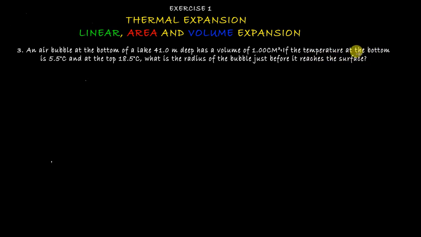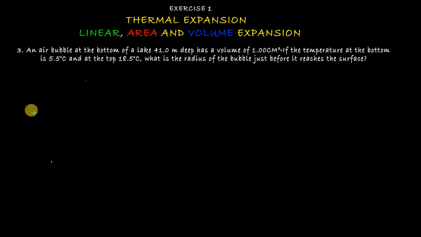If the temperature at the bottom is 5.5 degrees Celsius and at the top is 18.5 degrees, what is the radius of the bubble just before it reaches the surface?